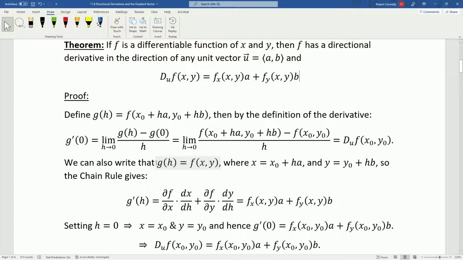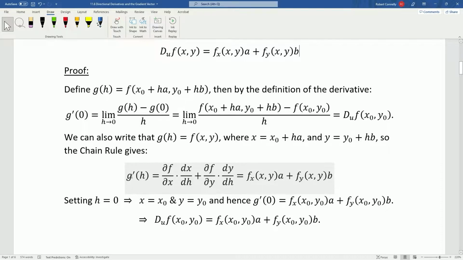All right, so we've got this function g of h equal to f of x, y, but x is this whole expression in this first coordinate, and y is the whole expression here. So the chain rule for the derivative gives us that g prime of h should be equal to df dx times dx dh plus df dy times dy dh.